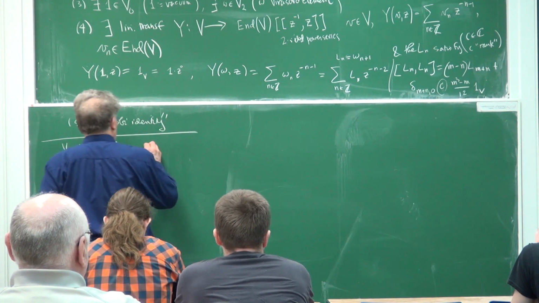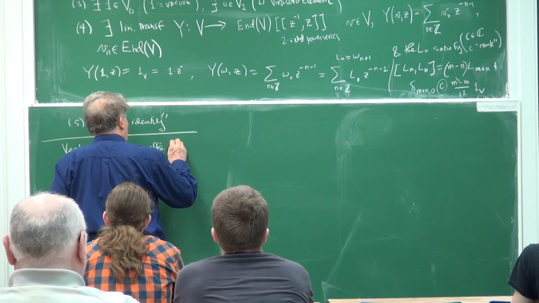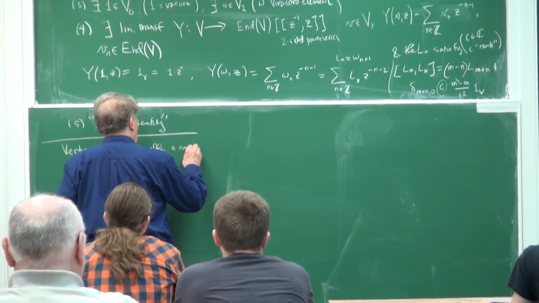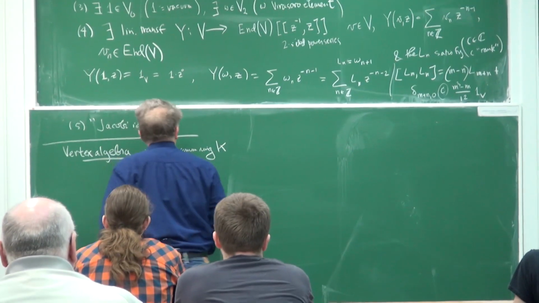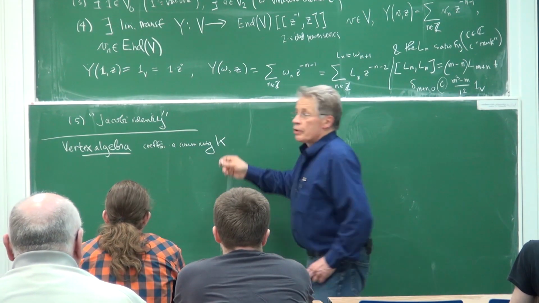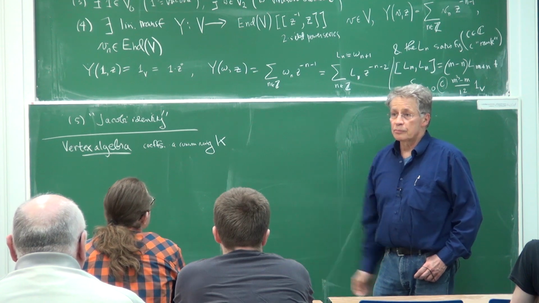Vertex algebra, the coefficients form a commutative ring. Okay, so it could be the real numbers, or it could be the integers mod p, just a general commutative ring.